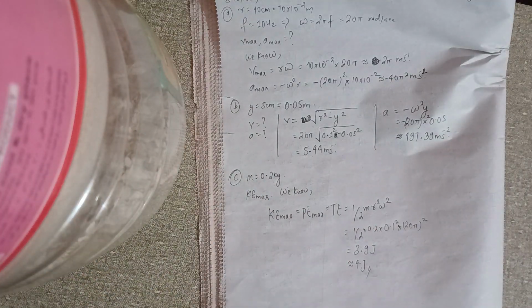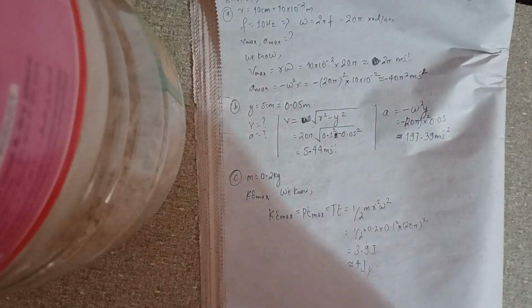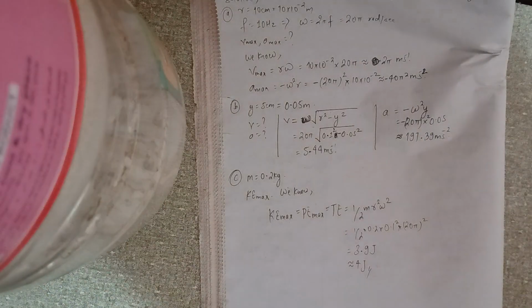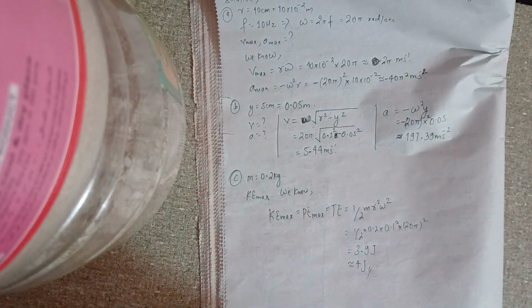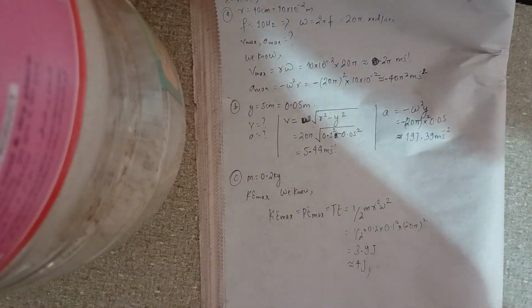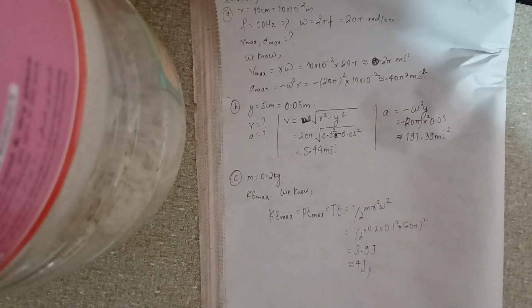Now we are going to do question number 3, which is very similar to the question we did in the earlier short questions. So I'm just going to give some hints, and then we will do question number 4, and we will skip question number 5, I think.